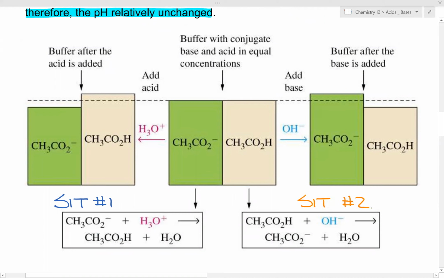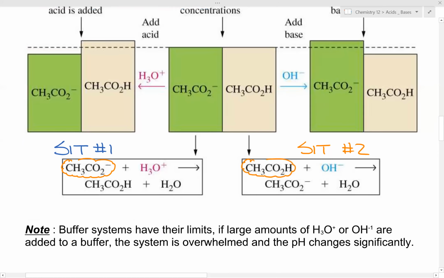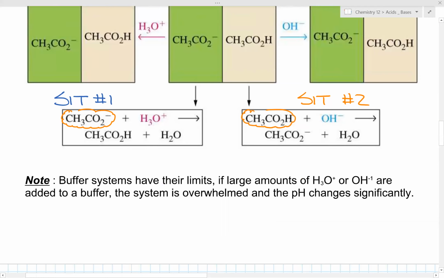Now, notice in a buffer system, what's happening is you are either reacting with the conjugate base ion or the acid. Okay, now, buffer systems have their limits. So if large amounts of H3O+ or OH- are added to a buffer, the system is overwhelmed and the pH changes significantly.